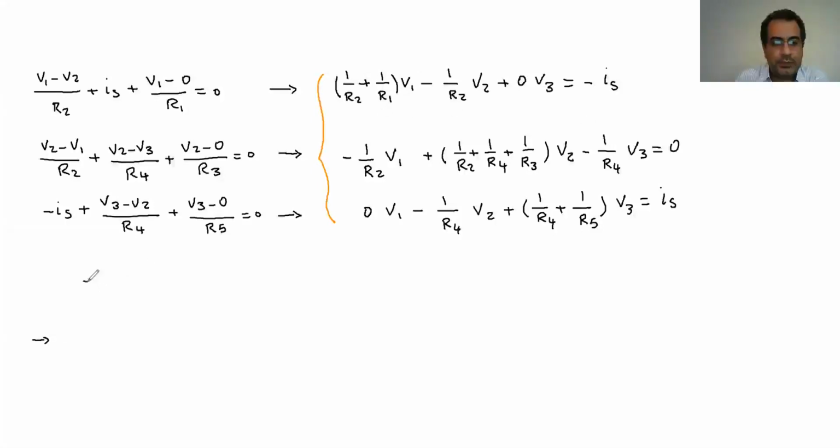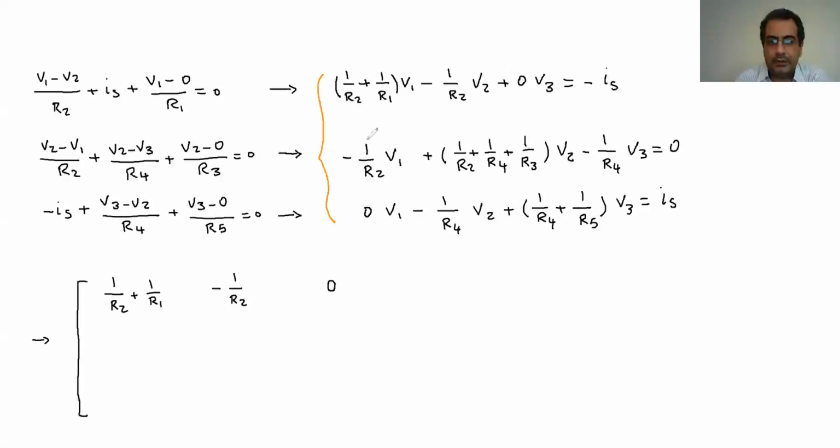So first I put the matrix, and the only thing I keep in the matrix is the coefficient. So the coefficient in the very first line is 1 over R2 plus 1 over R1. Then the second coefficient is negative 1 over R2. And the third coefficient is 0. That's why I use the 0 and don't skip the 0.